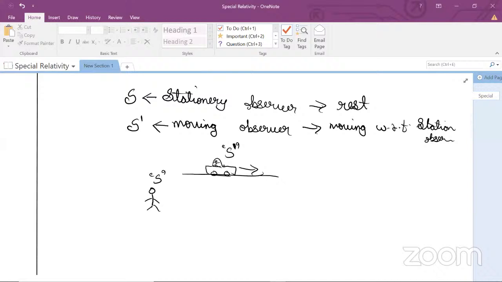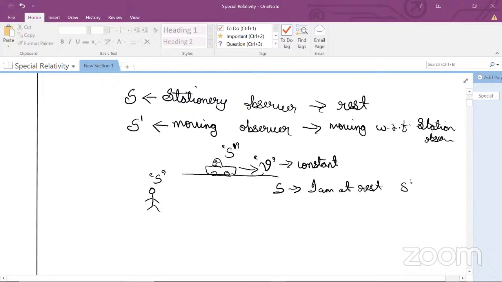But for the S dash observer, provided his velocity is V and it is a constant velocity, then according to the principle of equivalence, he won't feel any force acting on him. He feels he is at rest and S is the person who is moving. So S will say, I am at rest, S dash is moving.